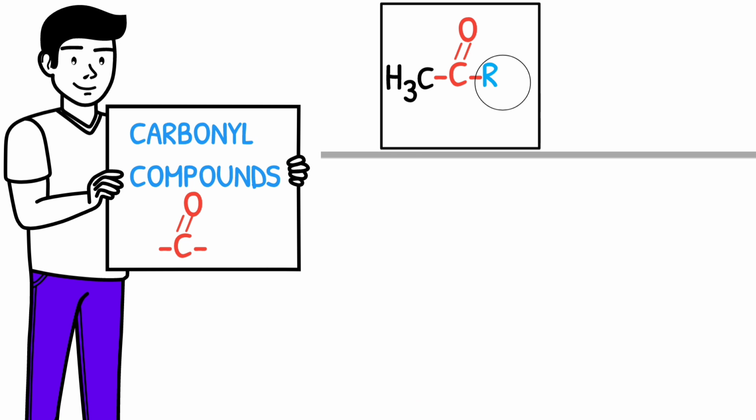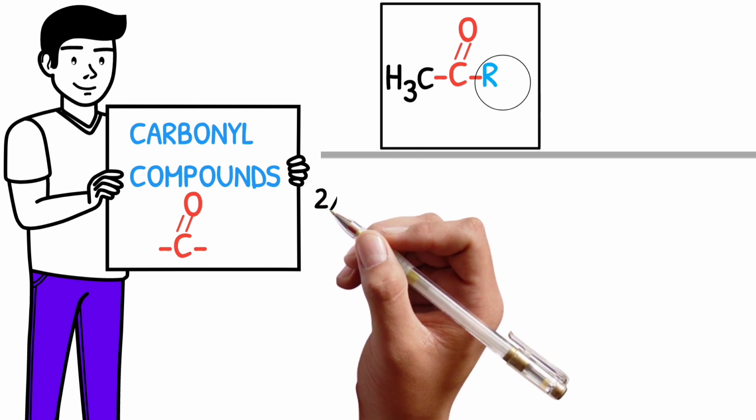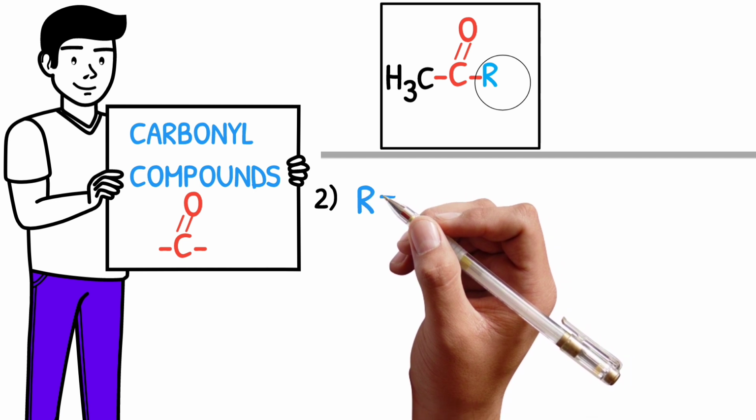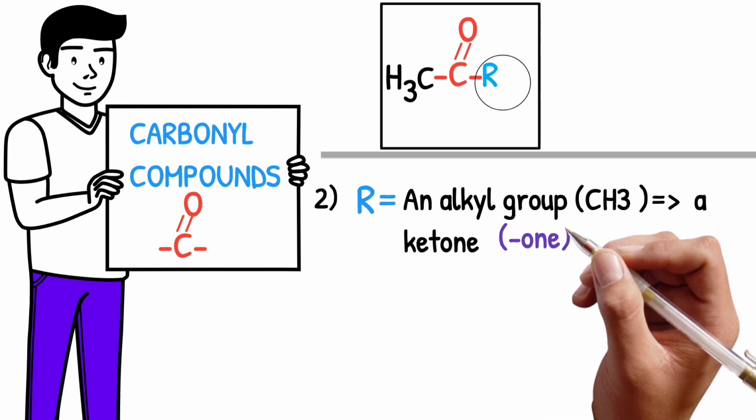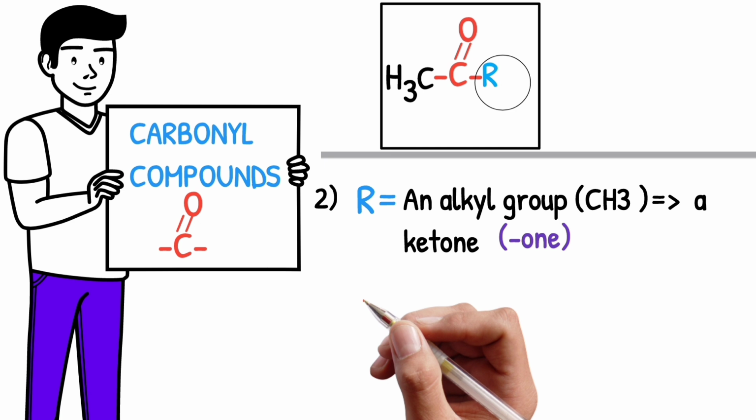Let's continue with the second functional group. We are still going to replace our R in our formula with an alkyl group. What is an alkyl group? An alkyl group is a methyl group, an ethyl group, a propyl group, a butyl group, a pentyl group, and so on and so forth.